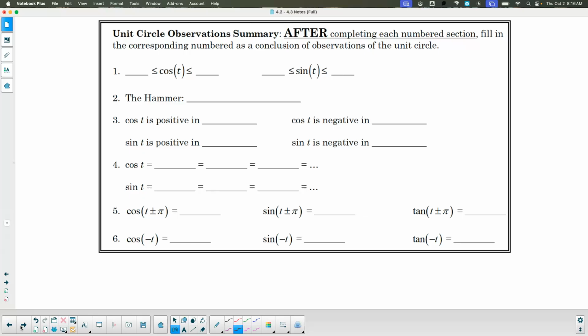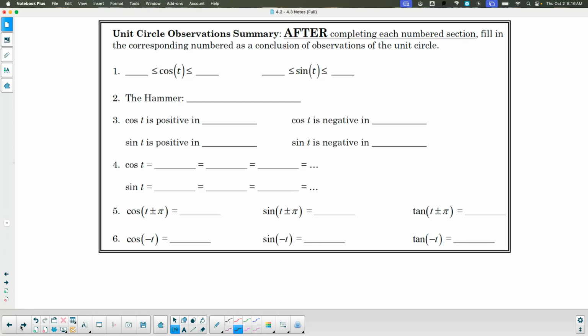You will not fill in this box until you complete each of those individual parts. So you need to go to part number 1 to fill in line number 1 here in this box. You'll do the rest of that page, then you'll go back in and fill in line number 1.